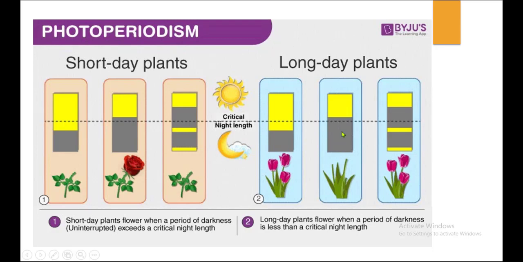On the second picture you can see the dark period is greater than the critical length, so flowering is not induced in this case. And in the last case, if the dark period is greater than the critical length but it is interrupted, it means the dark period is shortened, it becomes shorter than the critical length, and a shorter dark period is important for long day plants.